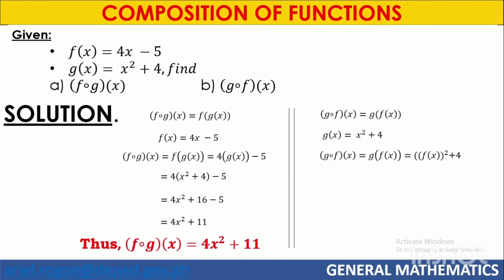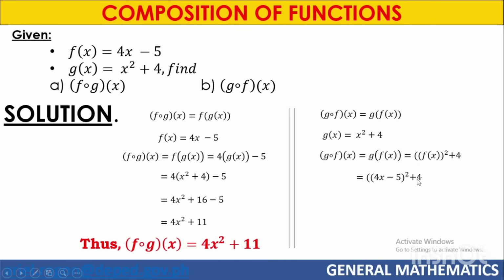So yan yung ipapalit natin sa x ng g of x. We replace x by f of x. So ano yung f of x natin? 4x minus 5. So therefore, yung x natin na yon, papalitan na natin ng 4x minus 5 squared plus 4.